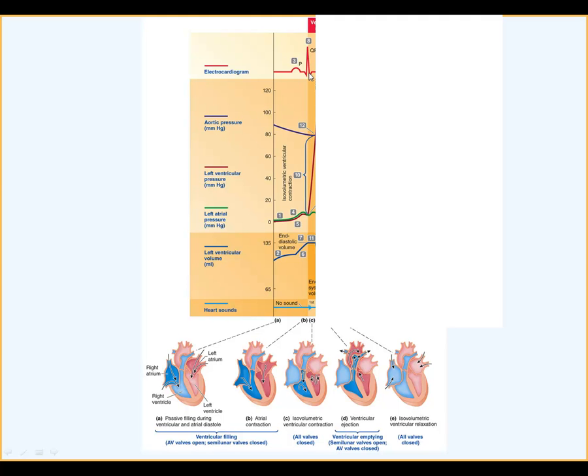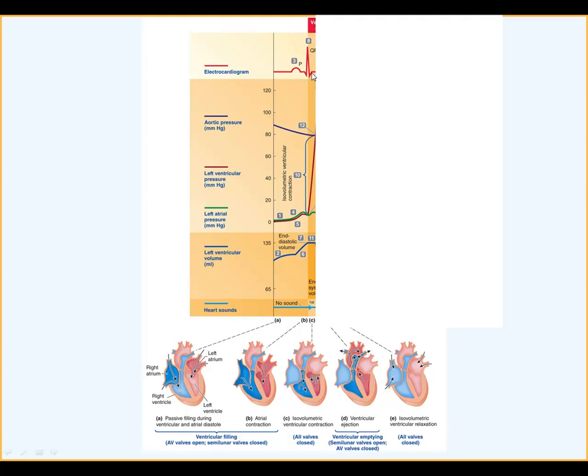And that's of course thanks to the functional delay that takes place at the AV node. We're good? Okay, so that's the first event here that takes place. The P wave was propagated, and that gave us the QRS, which means depolarization of the ventricles.